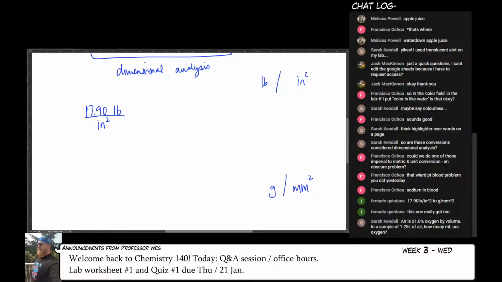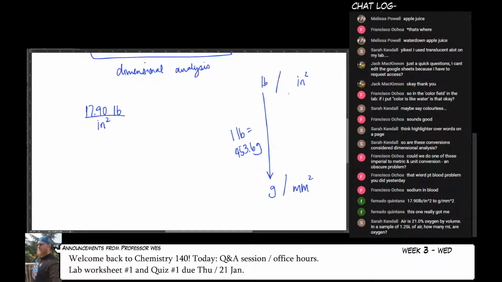That air problem, I believe, is also in the lecture, but this pounds per square inch one definitely isn't. So we can go pounds to grams directly. This is 1 pound equals 453.6 grams.